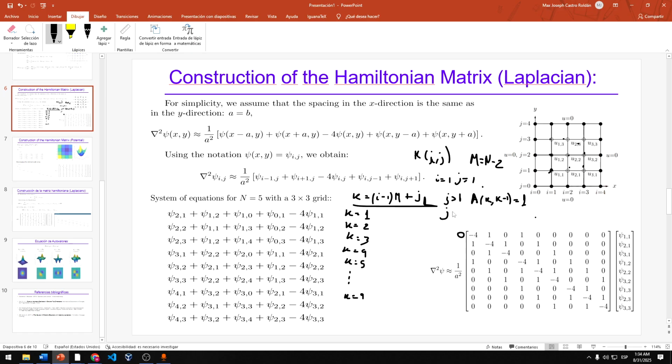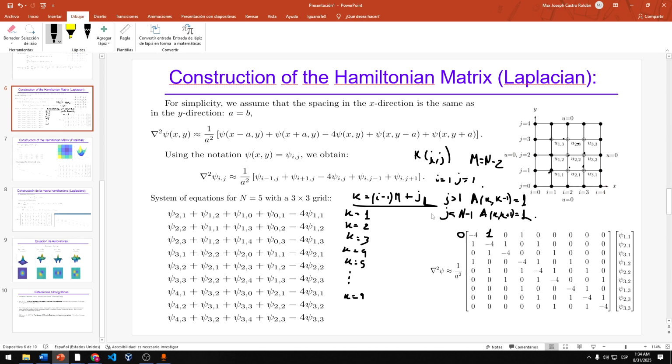Ahora, si J es menor a N menos 1, A sub K, K más 1 va a ser igual a 1, que representa A 1,2.